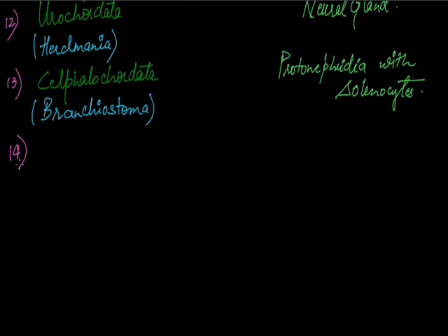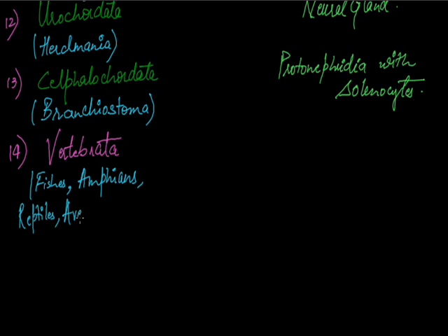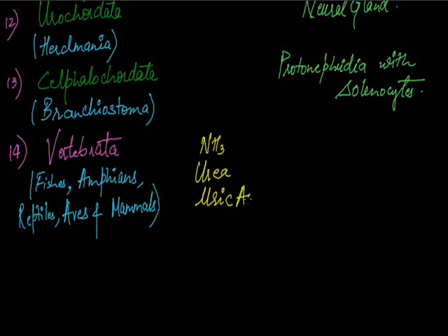Next is vertebrata. Vertebrata includes pisces, amphibians, reptiles, aves, and mammals. They excrete ammonia, urea, and uric acid, all the three nitrogenous wastes.